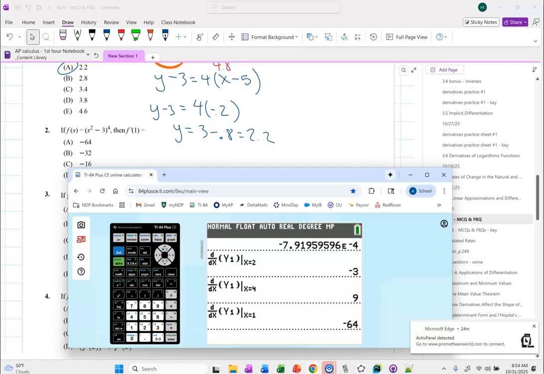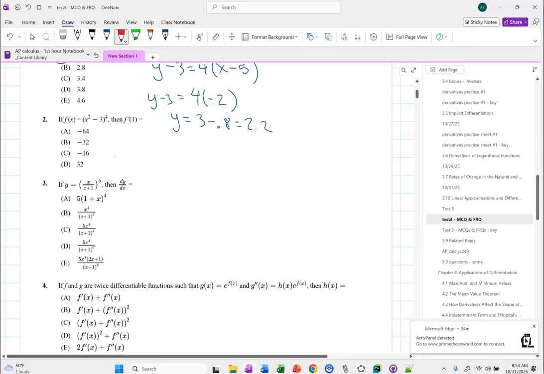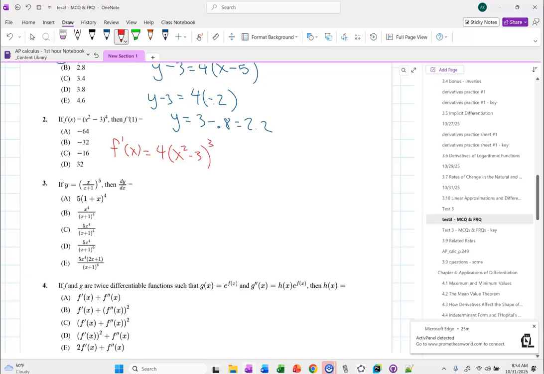Now if I'm doing it by hand, it's a chain rule. So the derivative of the outside is 4x to the third times the derivative of the inside. So I'm just plugging in 1. So it's going to be -8 times 8. And then we got the y, right? So chain rule, right? Yes. 100%.